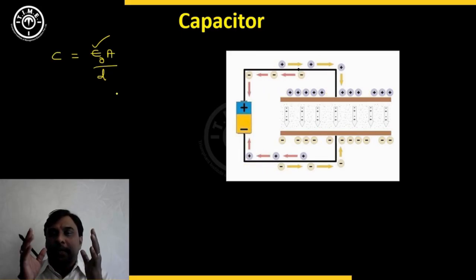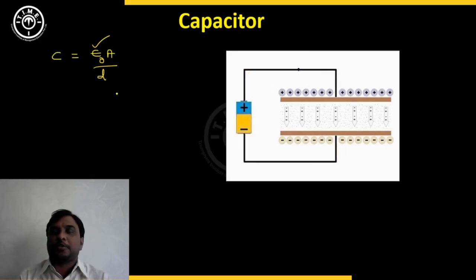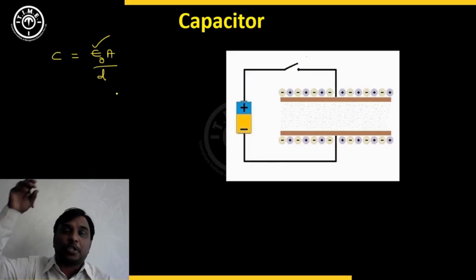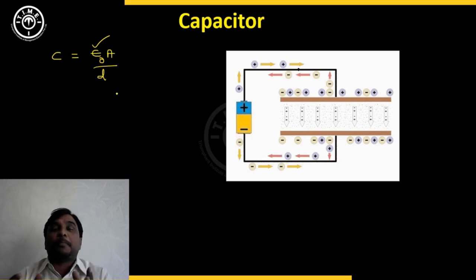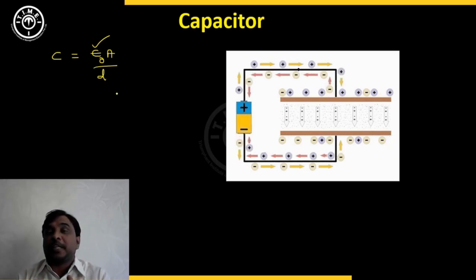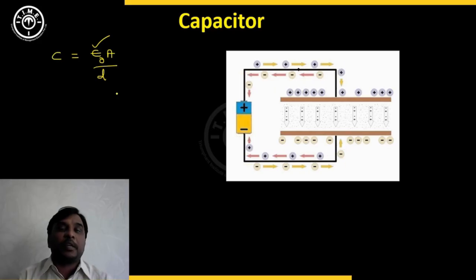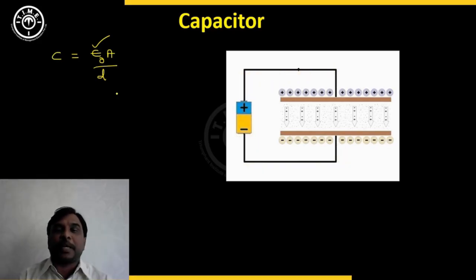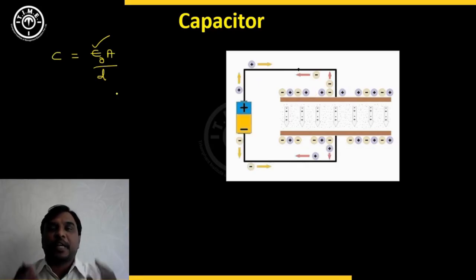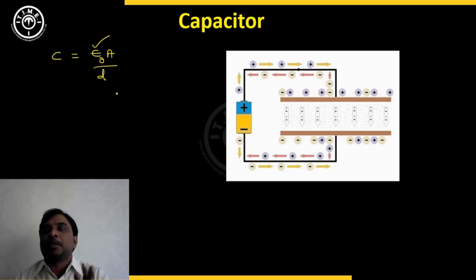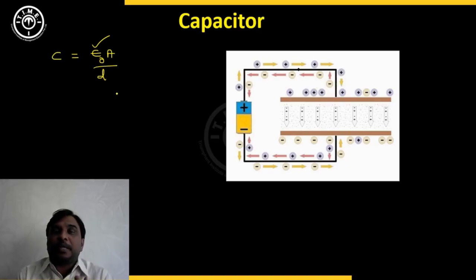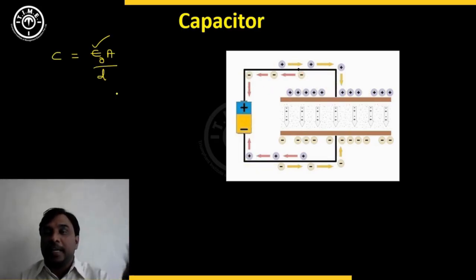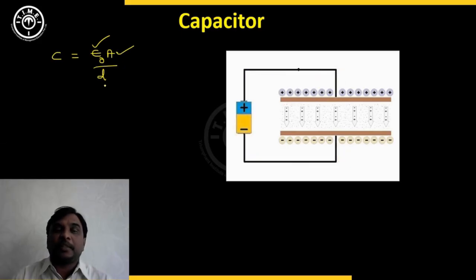Like that, the capacitance of a capacitor does not depend on how much charge you stored or to what battery, to which potential, it is connected. So the capacitance of a given capacitor is fixed. It depends on the medium between the plates, the area of the plates and the distance between them.